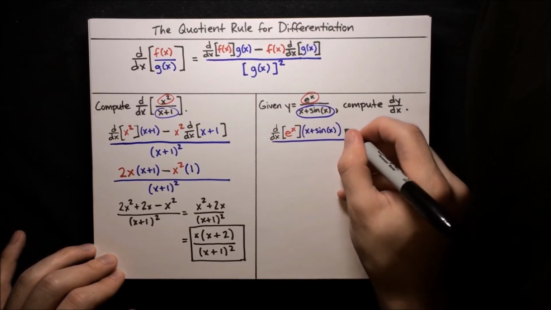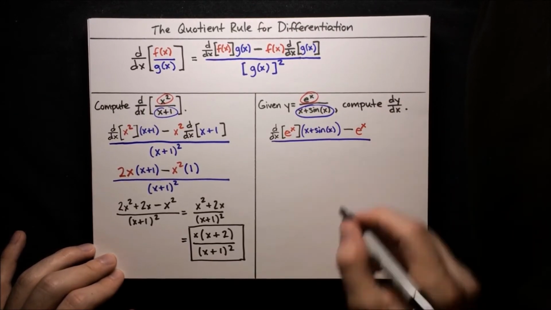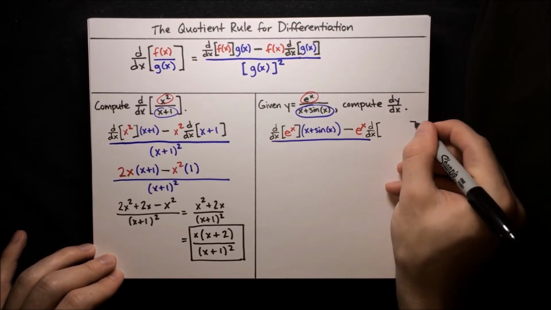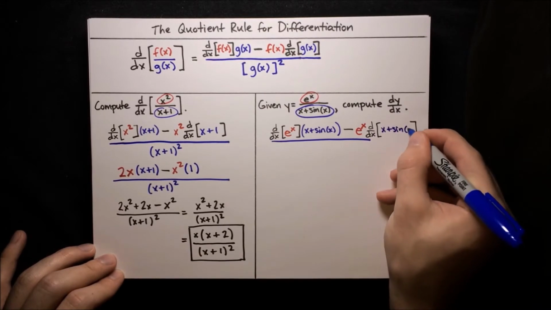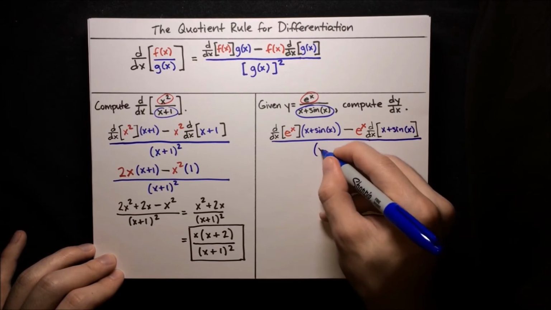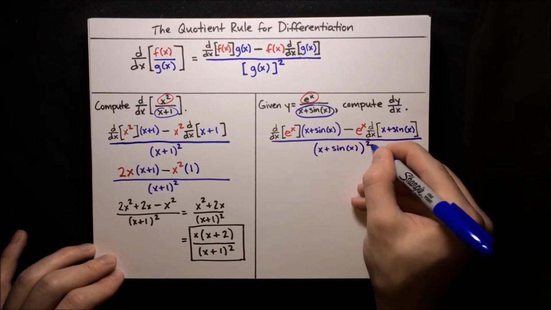And then we subtract the product of the numerator, e to the x, and the derivative of the denominator, which is x plus sine x. Now that's all over the denominator, x plus sine x squared.